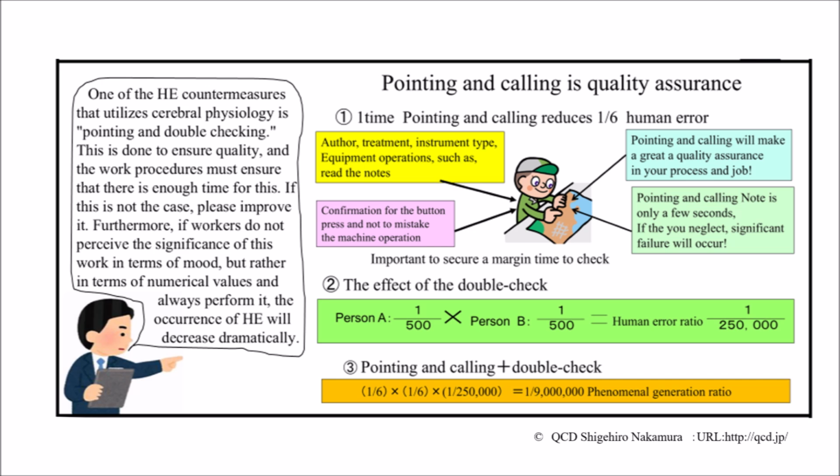It is also important to ensure that you have enough free time to do the work. For this reason, in order to ensure thoroughness, this picture book gives examples of countermeasures based on cerebral physiology and how to use the CRM qualification used by aircraft pilots, and since we are now in the age of IoT, the book also gives examples of countermeasures of this type.